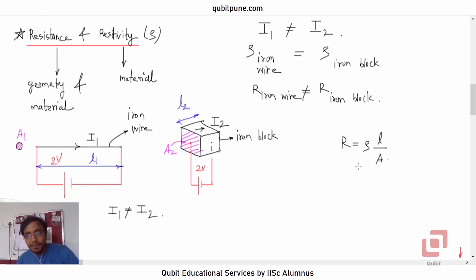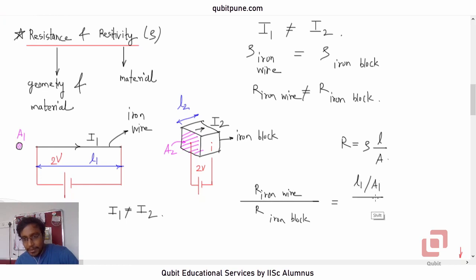So if I were to compare the resistance of the iron wire to the resistance of the iron block, I would be looking at L1 upon A1 divided by L2 upon A2.